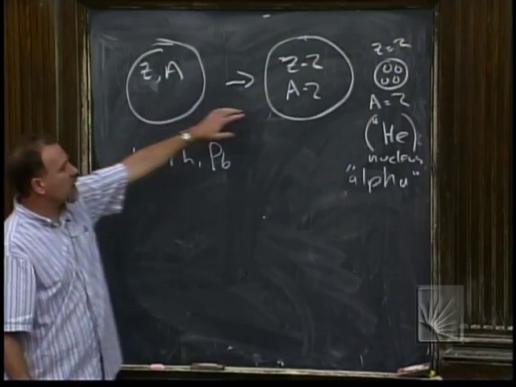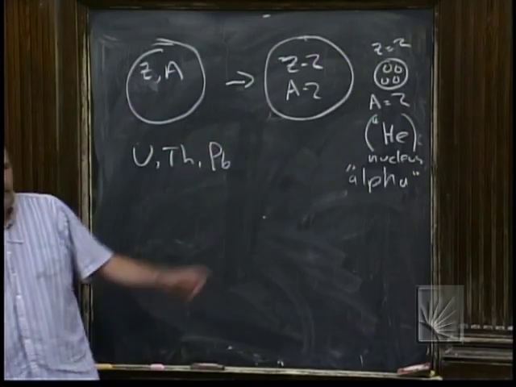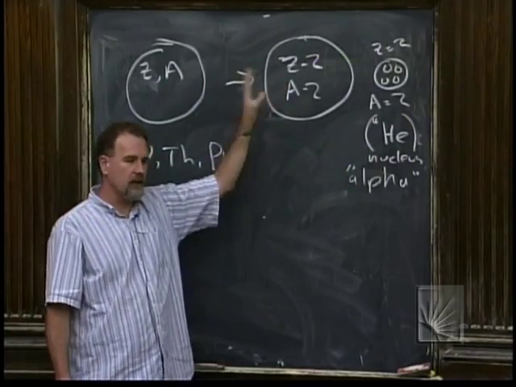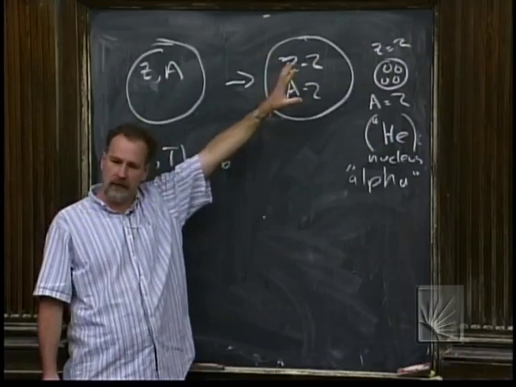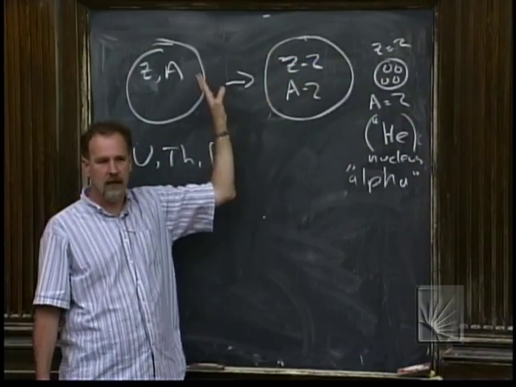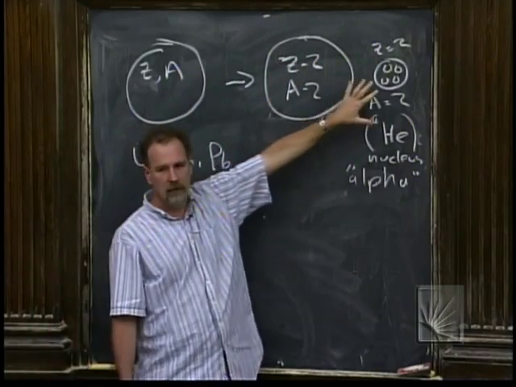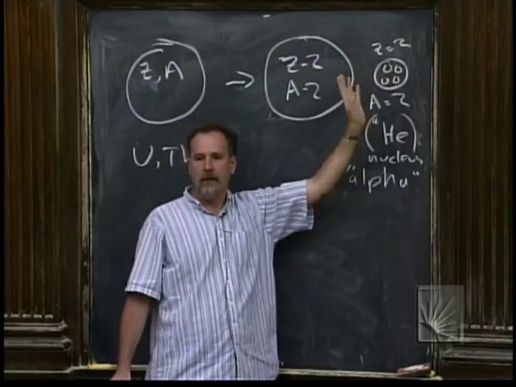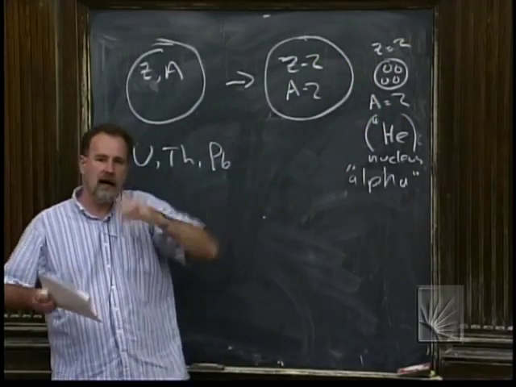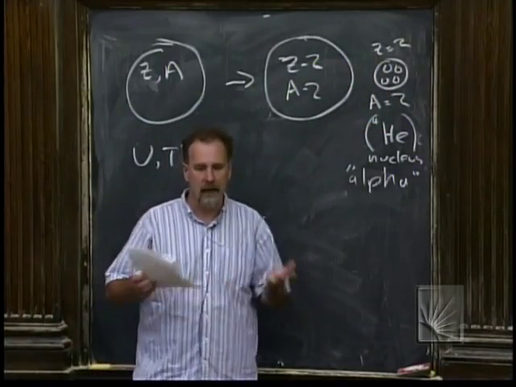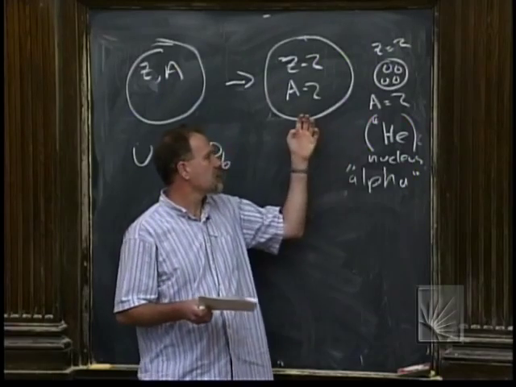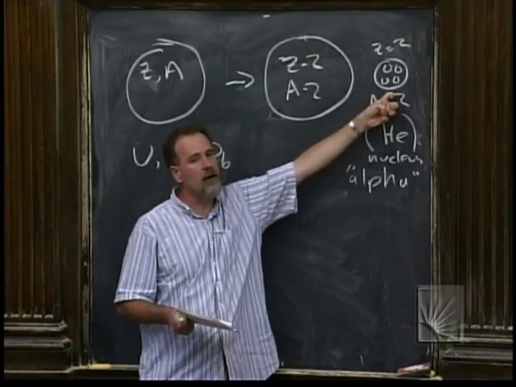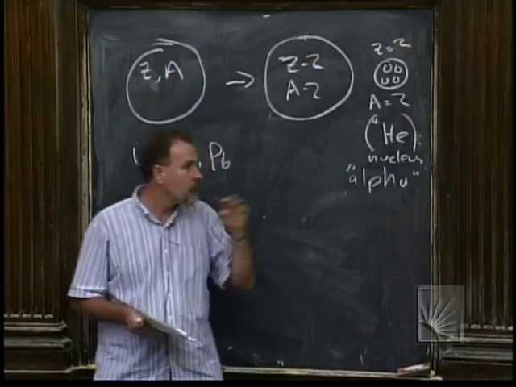Now, if this is energetically allowed, the reason is a little bit subtle, and I don't want to go into it because I'm going to spend time on it later in the semester, but this is energetically a lower energy state. Basically, when nuclei get too heavy, they become unstable. We'll talk about the reasons for that. This is a slightly smaller nucleus, and this is a very stable, tightly bound nucleus.